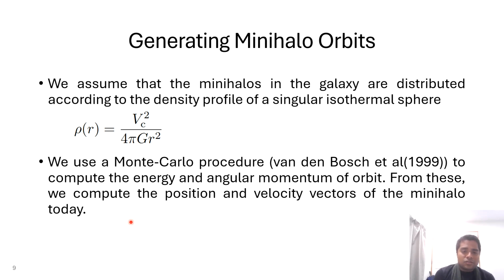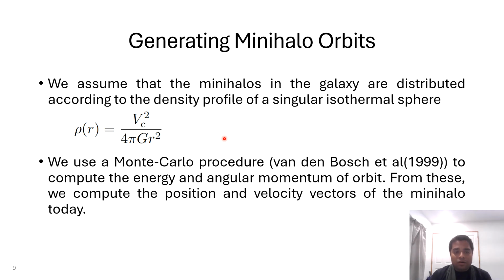The singular isothermal sphere is a one-parameter model, and it has this parameter v_c, which is called the circular velocity. The circular velocity is independent of the radius of the orbit, and this emulates the flat rotation curves of the galaxy.